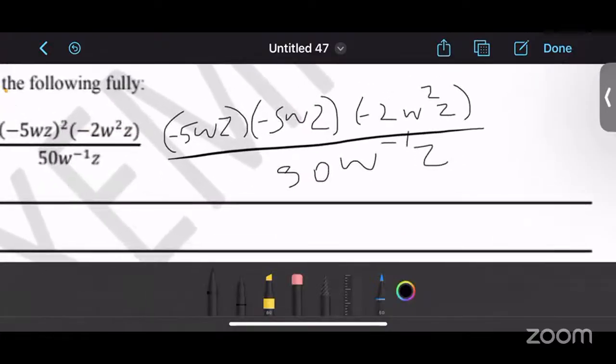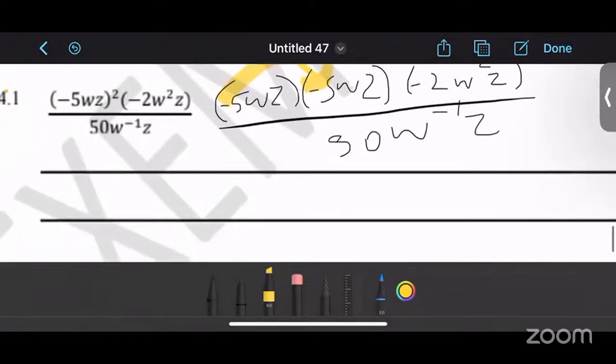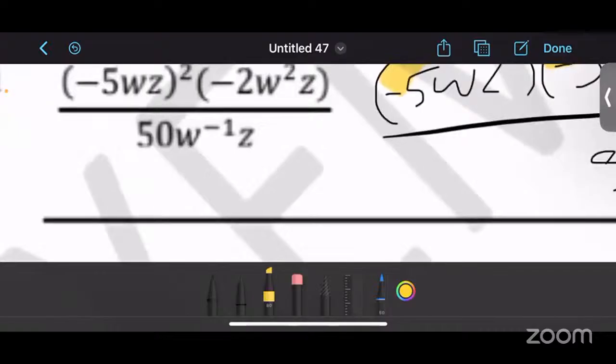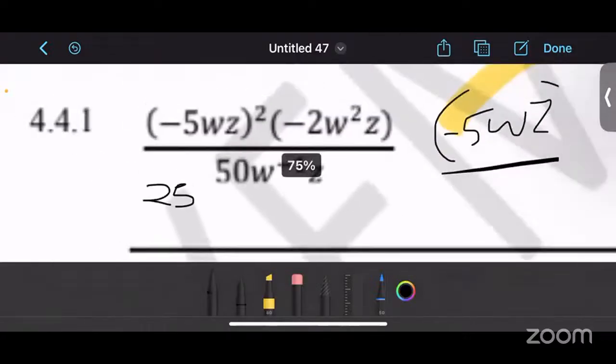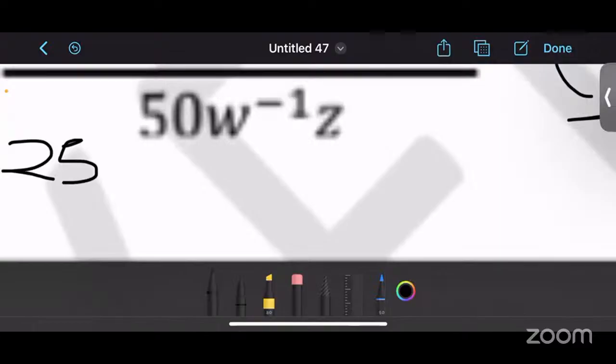So, what is it that we're going to do? We're going to multiply this with that, okay? So -5 will multiply with -5, and then we're going to get 25, as said over here. And then W multiplied by W is going to be W squared.